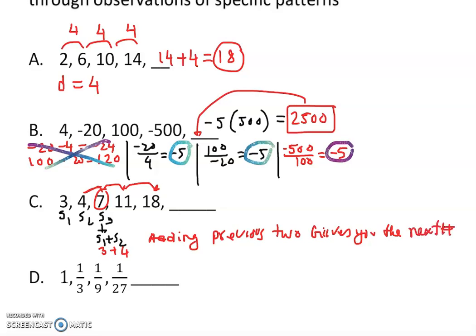Okay, so something like that is basically a Fibonacci. So we're going to do 18 plus 11, that would be 29. Okay, so that's how we find this one.